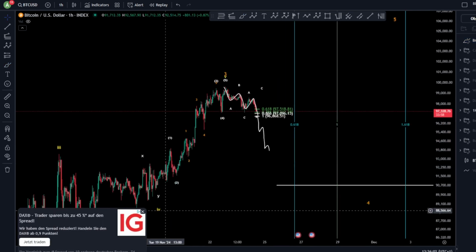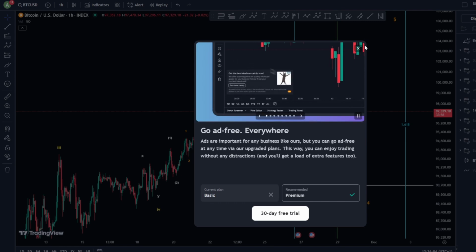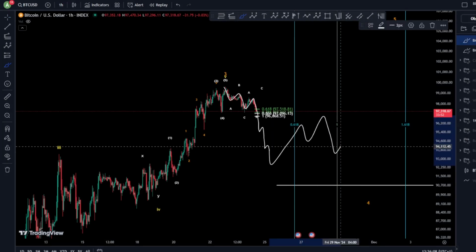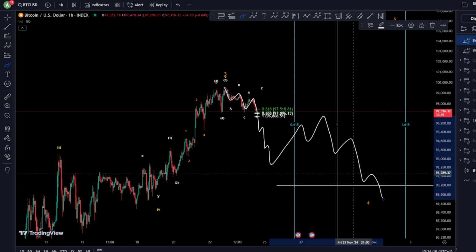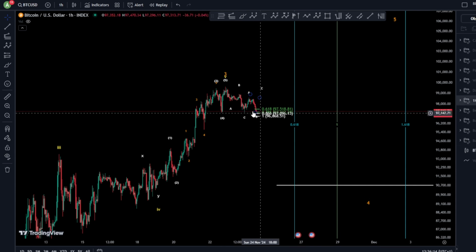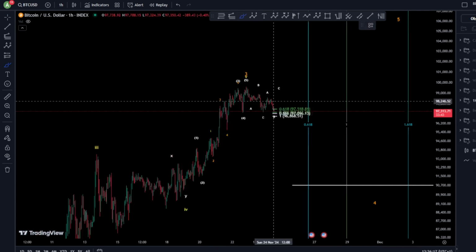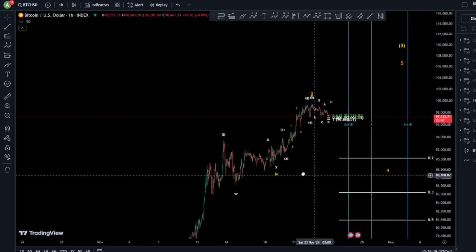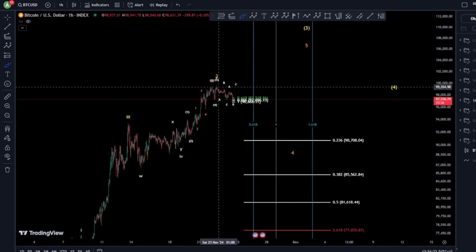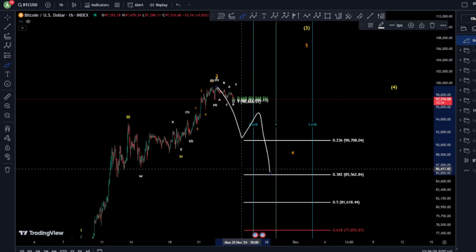After such a trend towards the upside, it is very possible that we get such a correction, and we might get a stronger double impulse here. That gives us the impression we might get to the 0.38 possibly, as a big zigzag.